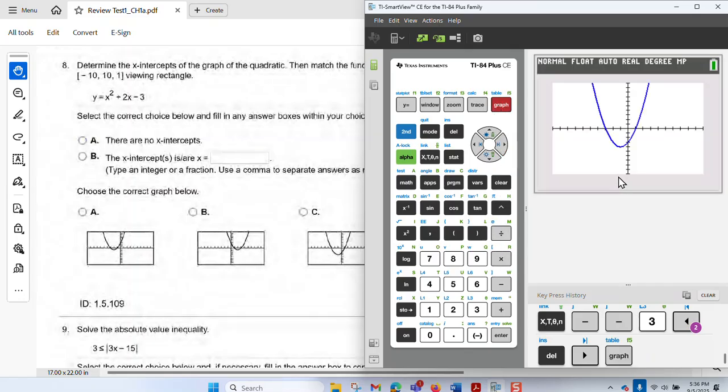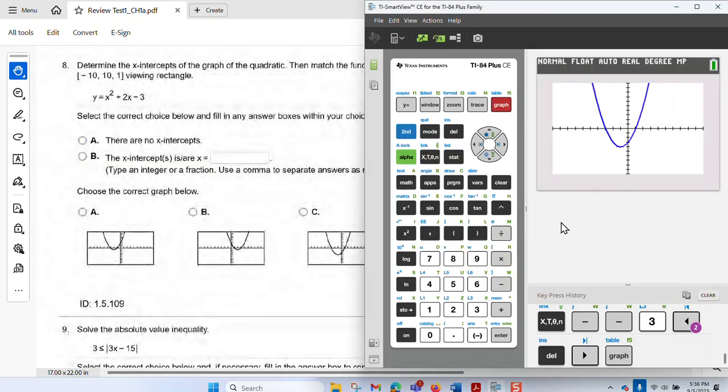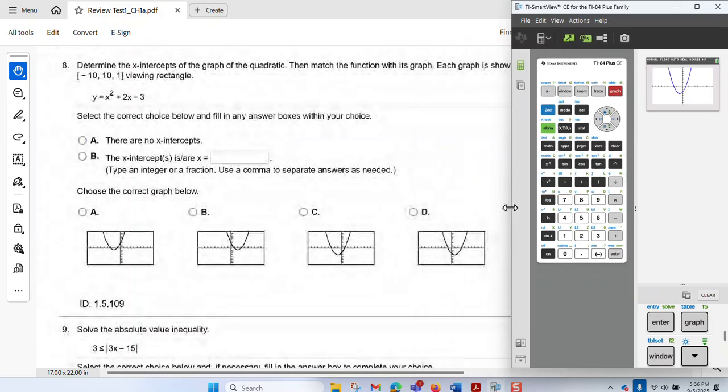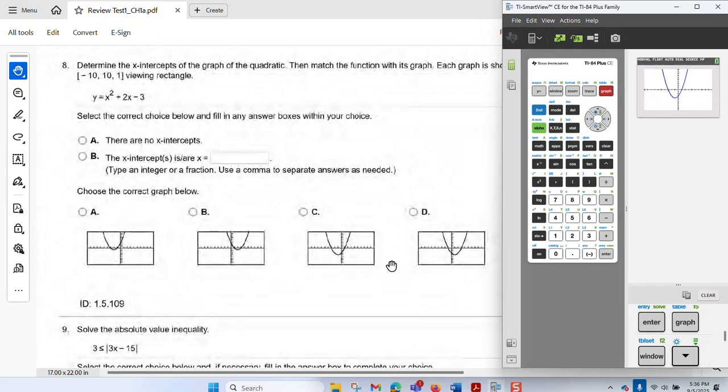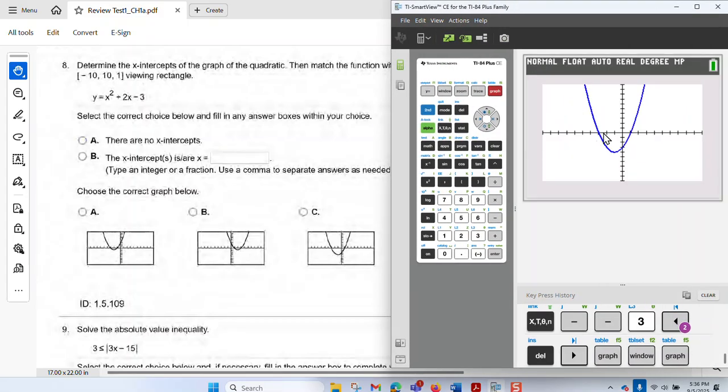And this graph, which one does it look like? We're going to match it with this one here. I think it looks like a C. Look for the most accurate one. If you set up the same window, negative 10 and positive 10, which is the default, it looks like this one right here. We can see there are two x-intercepts, so we can look at the two x-intercepts.